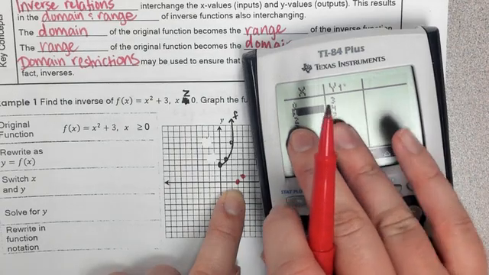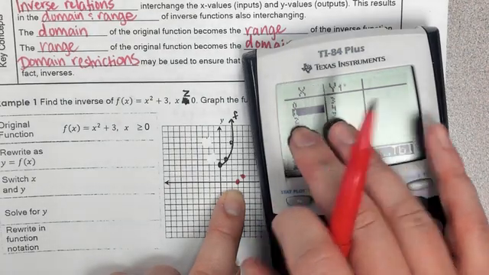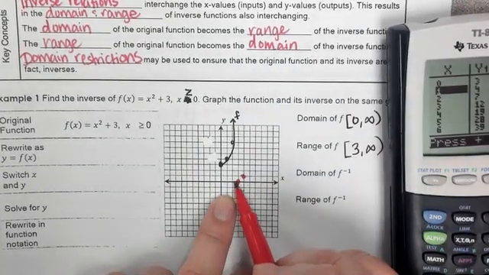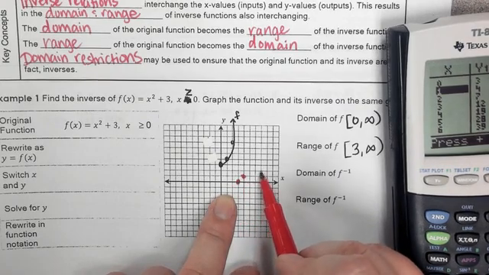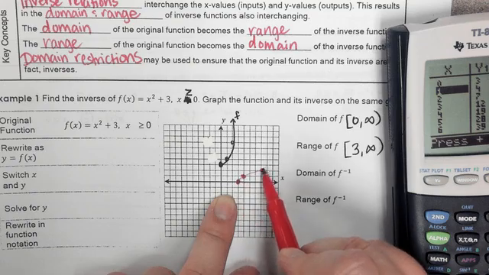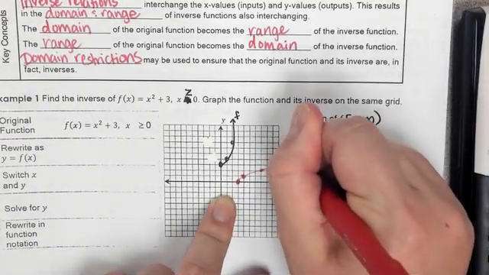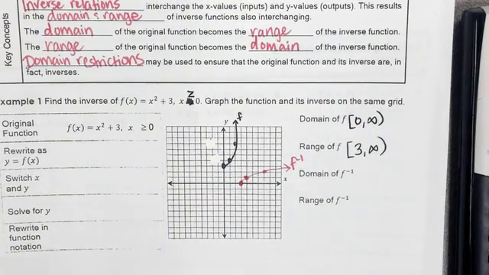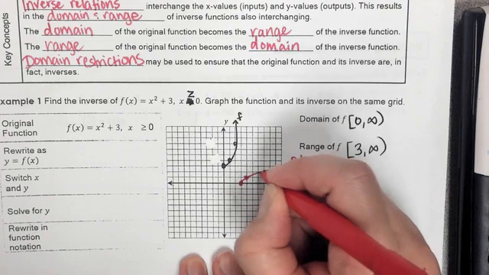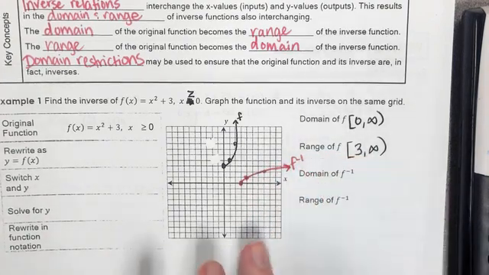And 2, 7, if I switch that around, becomes 7, 2. Okay, and this is my inverse, right?